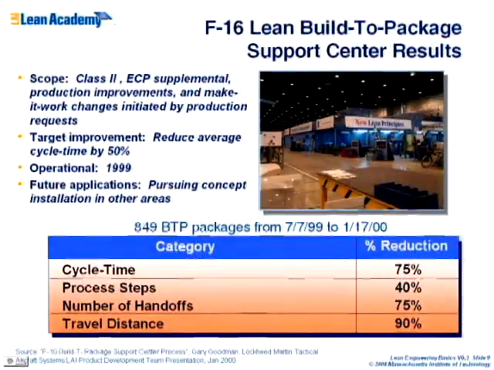They created these kinds of improvements in cycle time from getting a change request in to having implemented it: a 75% reduction of cycle time. Process steps were reduced by 40%, handoffs by 75%, and travel distance of the information and paperwork and so on was reduced by 90%. These are very, very real kinds of savings that can be achieved in the engineering process by the application of value stream mapping techniques.